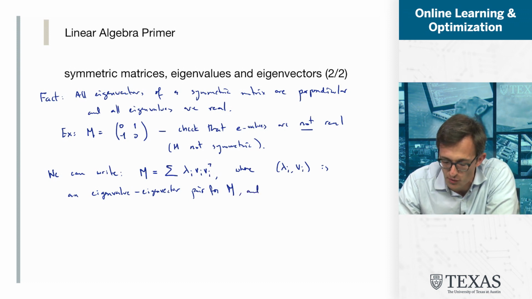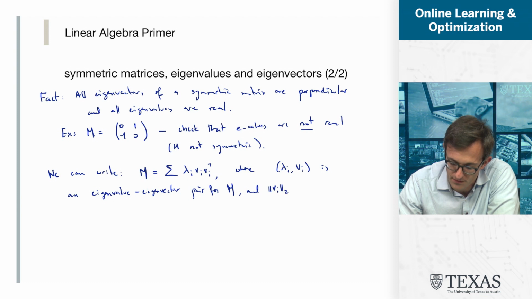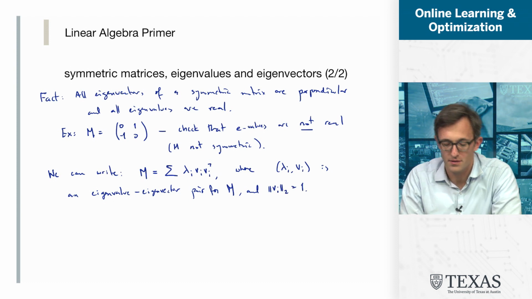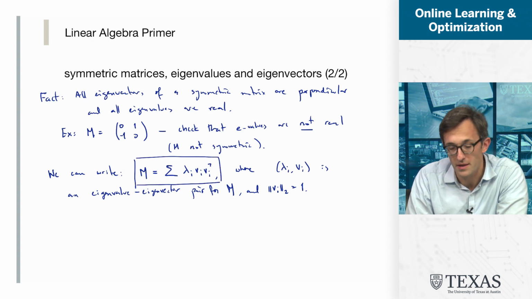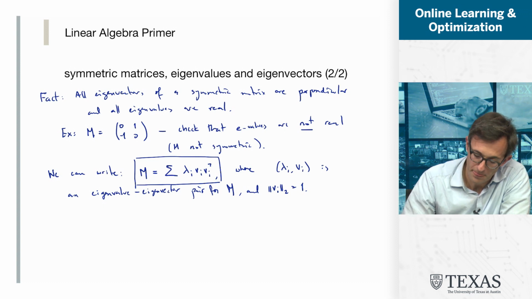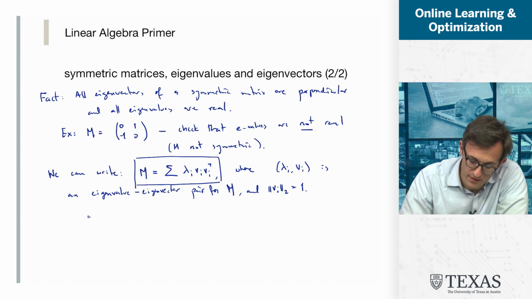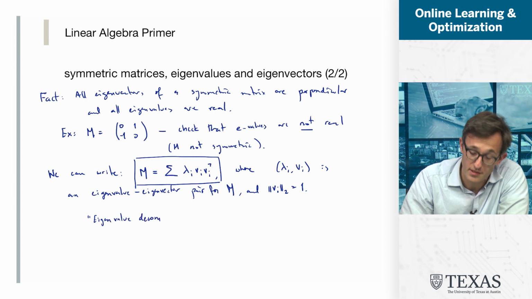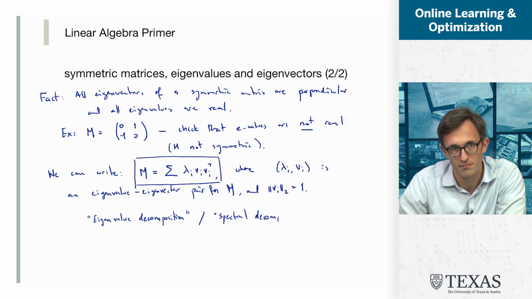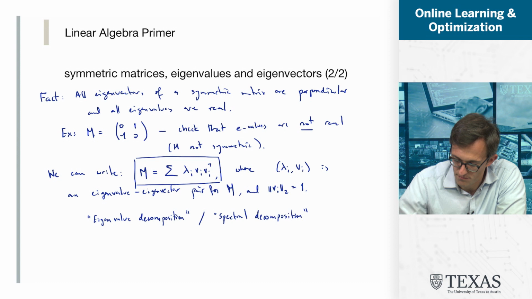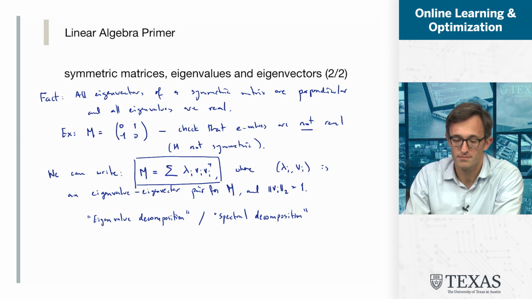In other words, it has length 1. This is a very important property that we're going to use in a number of computations. We'll do this in the next slides. And it's sometimes called the eigenvalue decomposition or spectral decomposition of a matrix M. And it's something that we're going to use quite a bit.